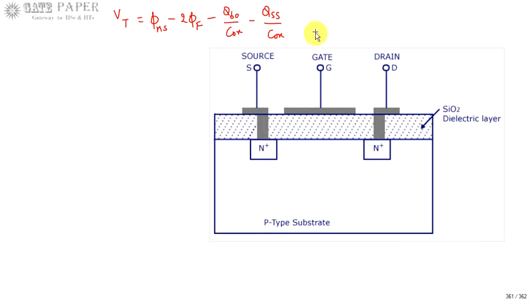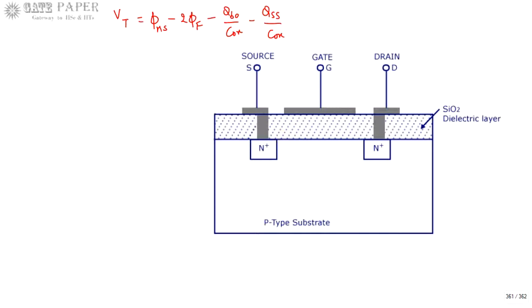So this is what VT is. Now if you observe, the gate is made of polysilicon, which is a different material, and the channel region consists of a semiconductor. Even though the channel is formed as N-type, if the channel is not there it is a P-type substrate. Whether it is N-type or P-type, it is treated as a semiconductor only.